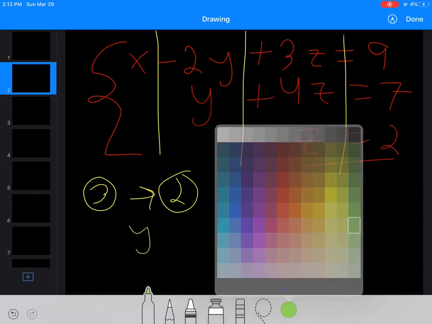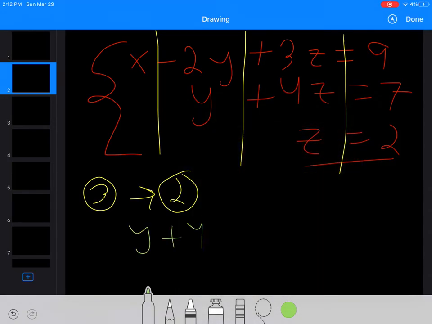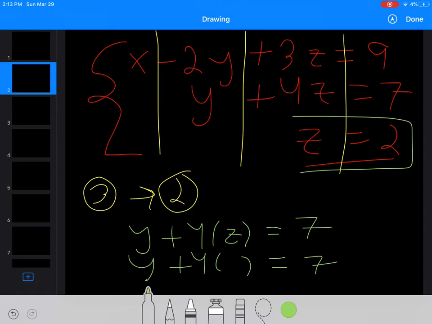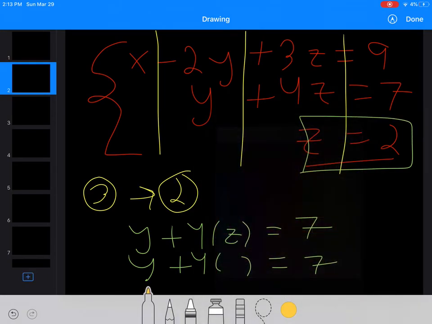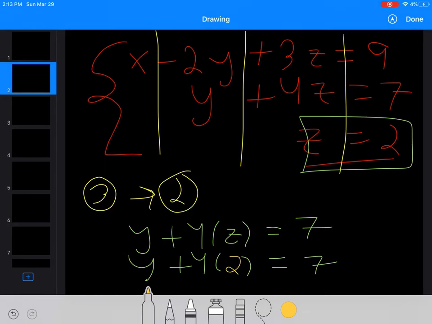So here's equation 2. And we want to plug in that z spot what z equals, which is 2. Now we just got to simplify this up.